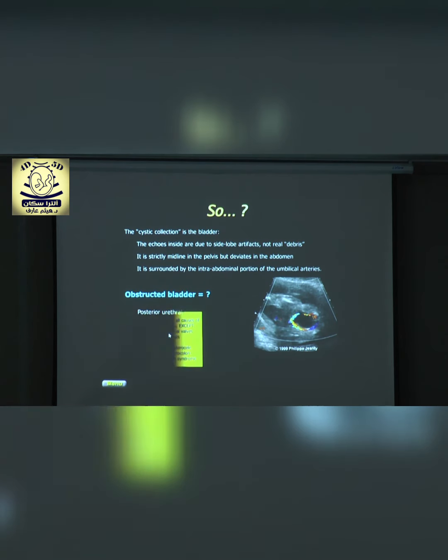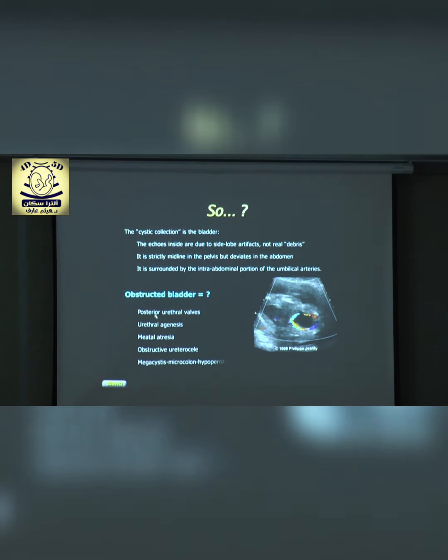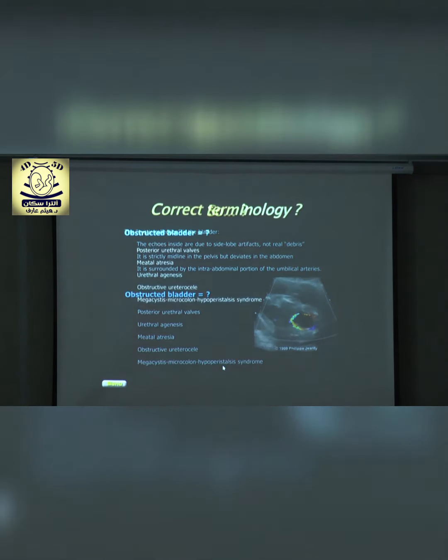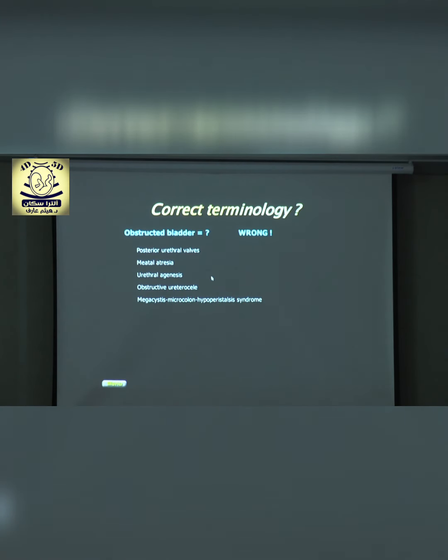So why do we have an obstructed bladder? This is the list of potential obstructions: posterior urethral valve, urethral atresia, obstructive ureterocele, or the megacystis microcolon hypoperistalsis syndrome. So how do you select from that? Well, I was not very honest. I gave you the diagnosis of obstructed bladder, and that's not correct, because we have seen the amniotic fluid was normal.